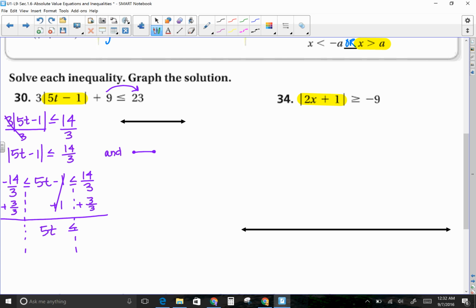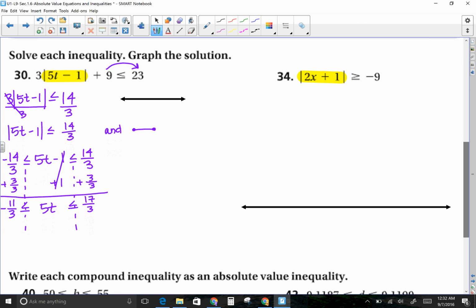My sign didn't change. I didn't multiply or divide by anything. 14 thirds plus 3 thirds, 17 thirds. Negative 14 thirds plus 3 thirds is negative 11 thirds. Okay, and so here, normally you would divide by 5, but because I have fractions, instead of dividing by 5, I'm actually going to multiply by 1/5.